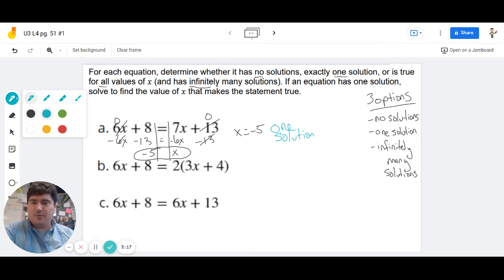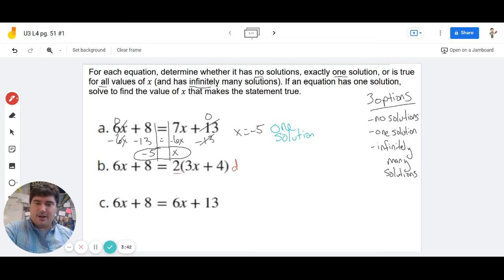Let's solve for B. Just like before, we notice that there's 6x plus 8 on the left-hand side. But on the right-hand side, there's a 2 outside the quantity 3x plus 4. 2 is the coefficient here, this factor. What we're going to do is apply the distributive property.